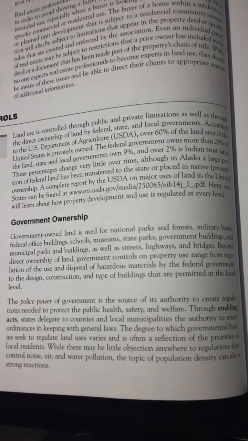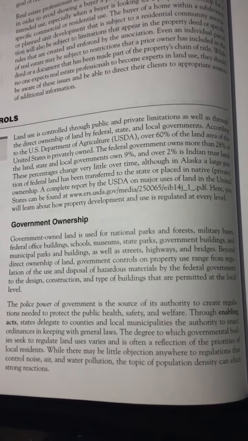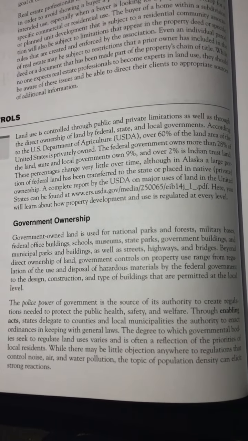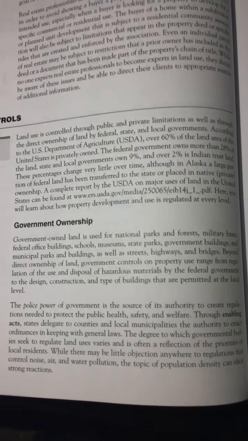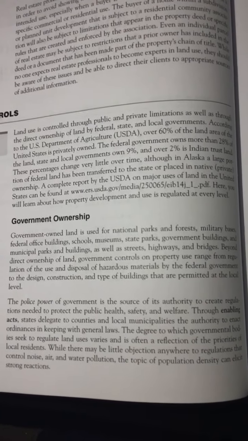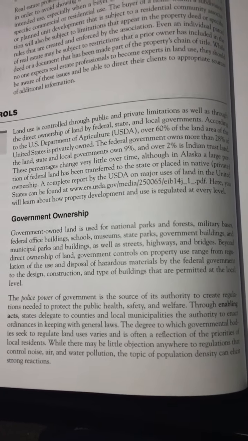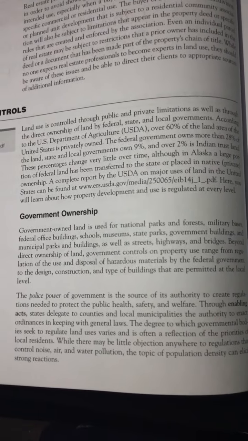The degree to which government bodies seek to regulate land uses varies and is often a reflection of the priorities of local residents. While there may be little objection anywhere to regulations that control noise, air, and water pollution, the topic of population density can elicit strong reactions.